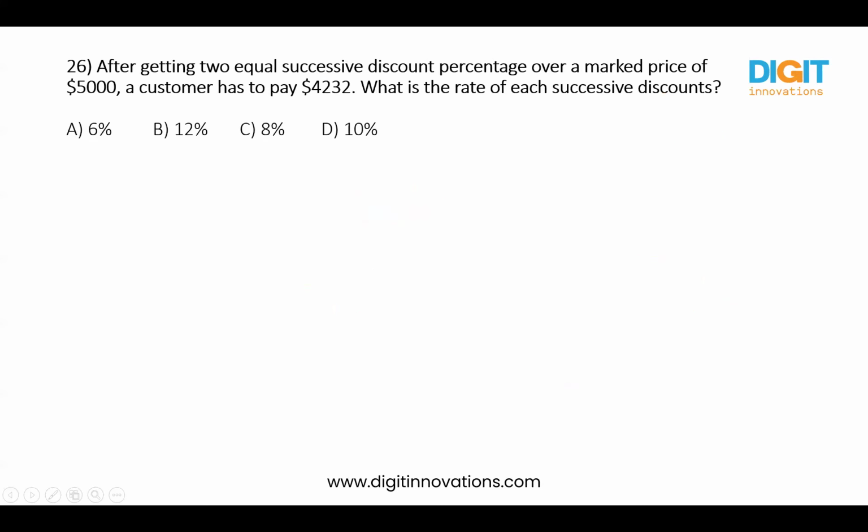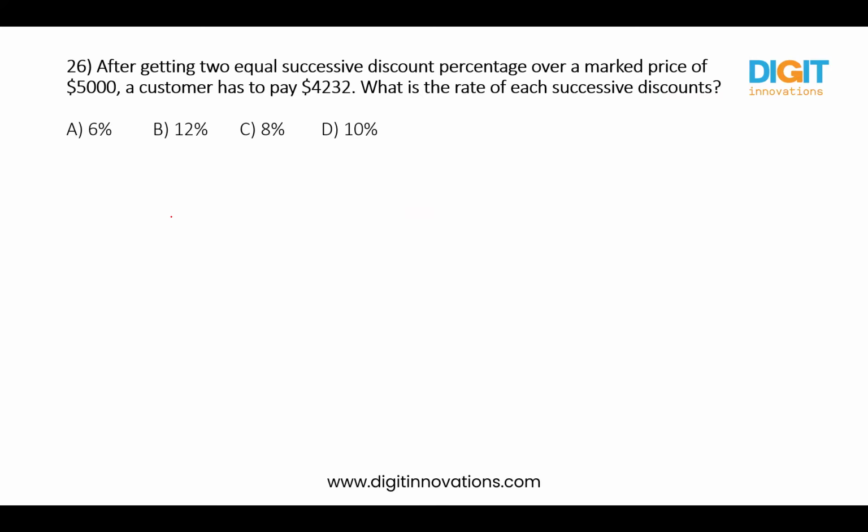After getting two successive discount percentages over a market price of 5,000, a customer has to pay 4232. What is the rate of each successive discount? So I'm using the compound formula here.